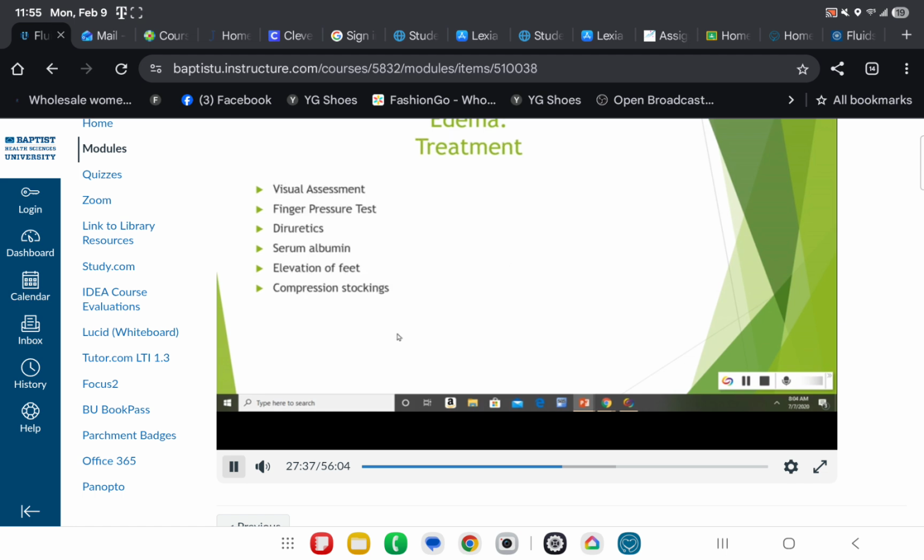So how do you assess edema? You can do a visual assessment of the person. When a person has excessive fluid and they have edema in their feet, you can usually see it. You can see that the feet are swollen because of the excessive fluid in the body. You can do the finger pressure test.